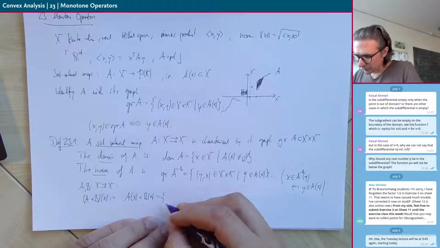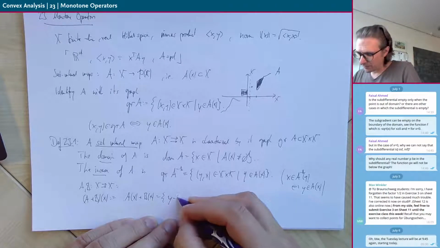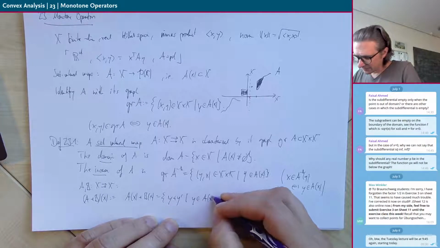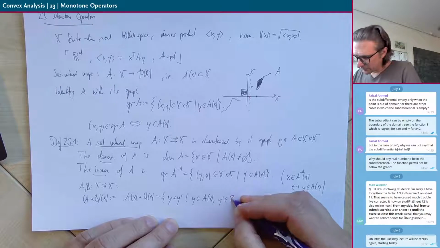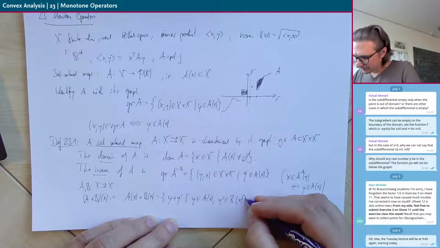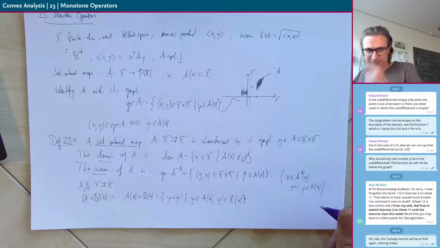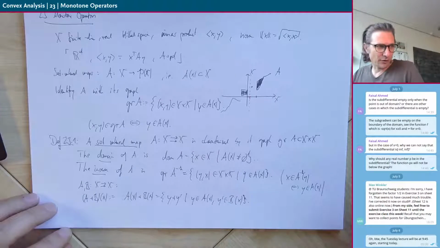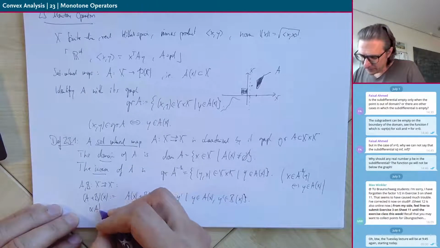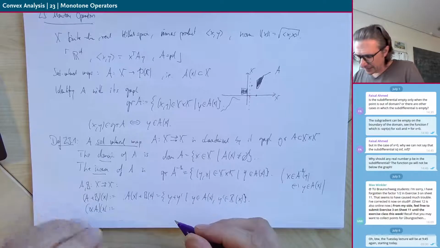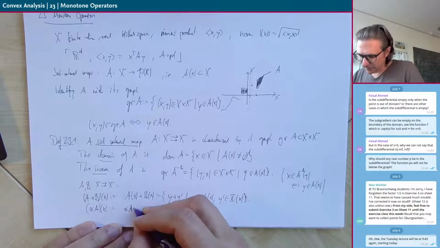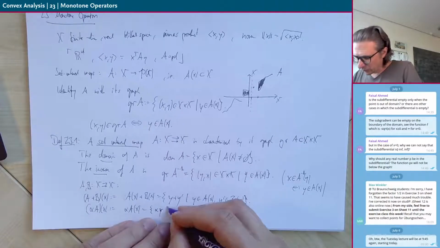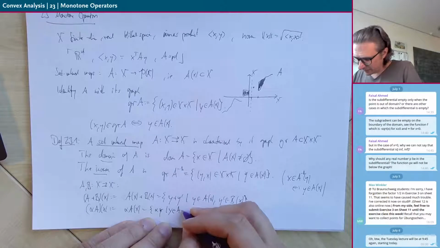So these are all the vectors y plus y prime, such that y is in A of x and y prime is in B of x. So that's simply the Minkowski sum. Same for multiples: (alpha A) of x is, again with Minkowski multiplication, the set of all alpha times y for y in A of x.